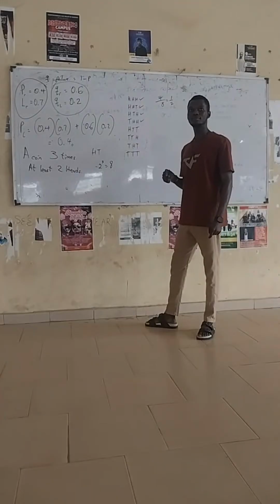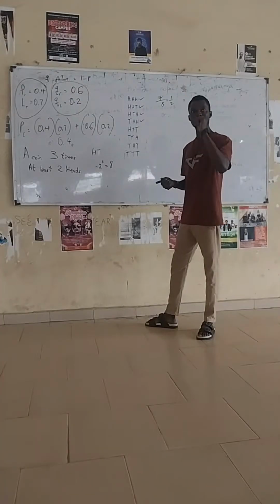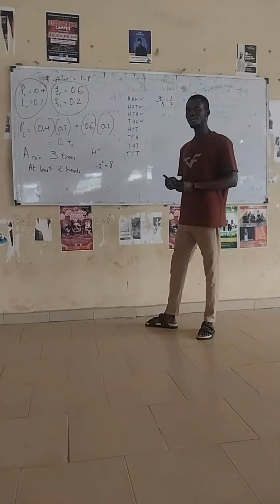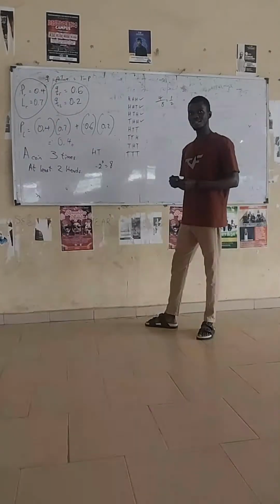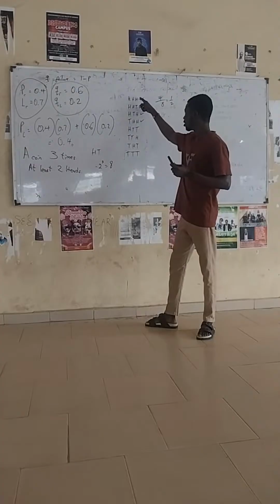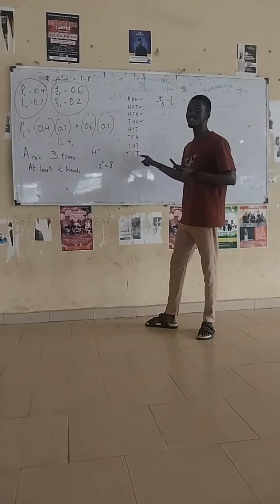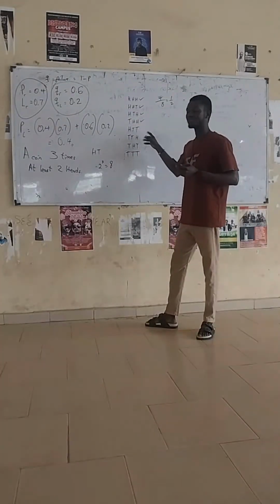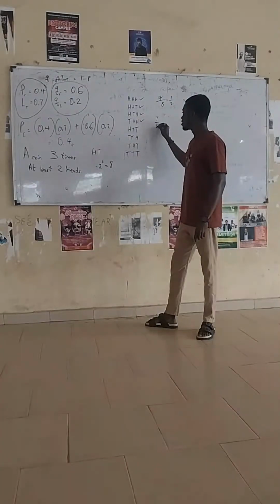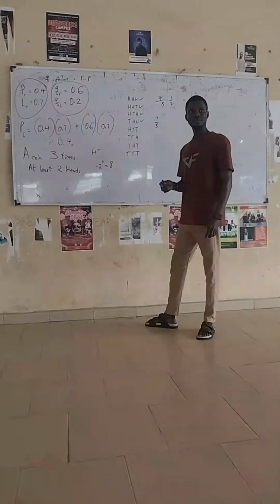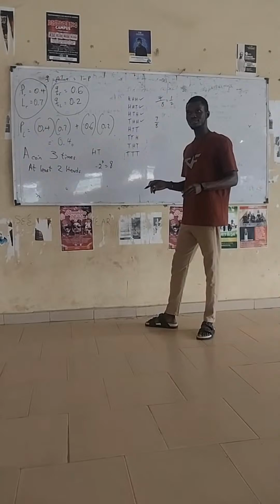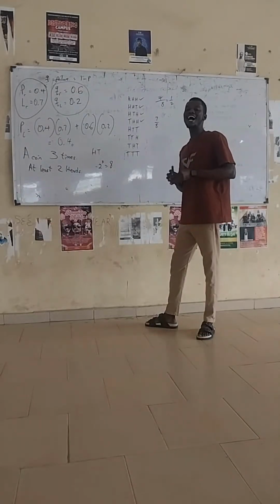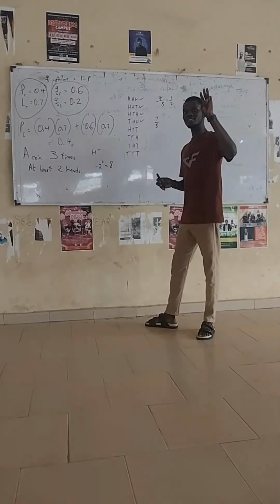Based on this, at least 1 head: 7 over 8. All of these have a head except this one. That's 7 over 8. Do you understand?